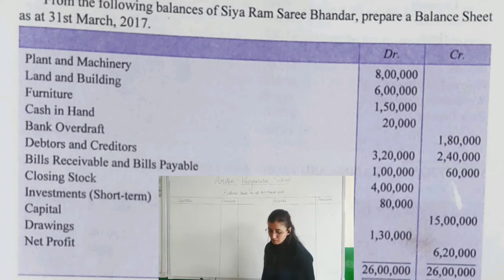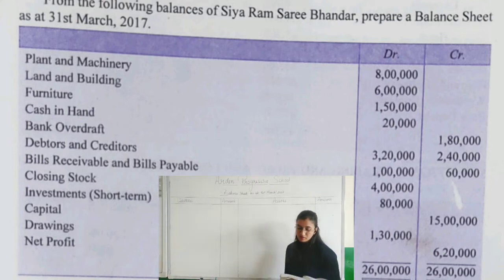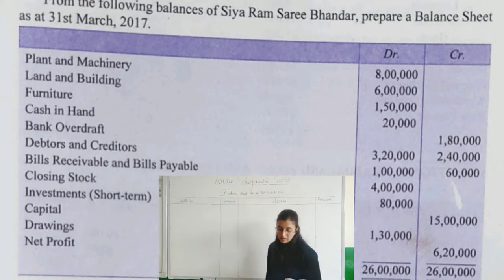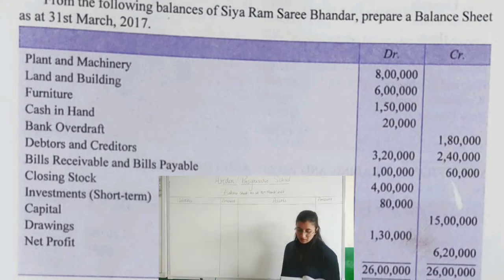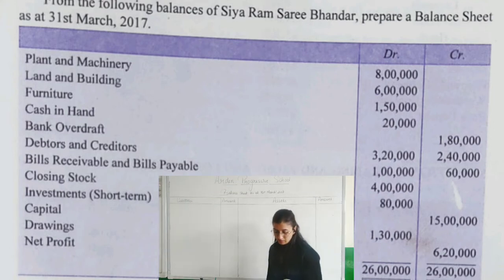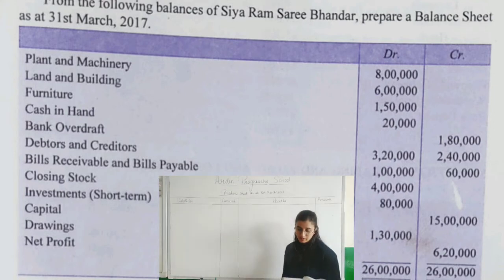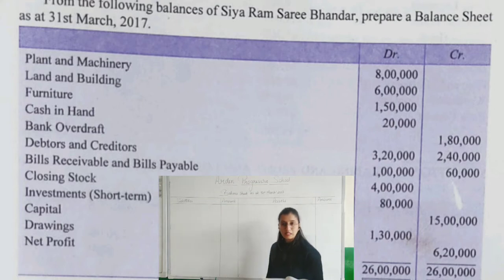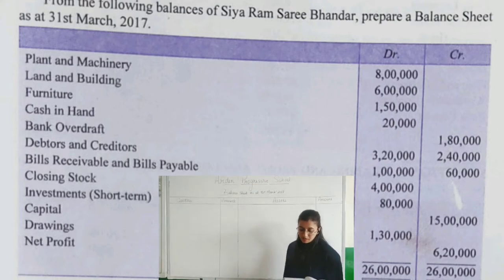Then bills receivable and bills payable. Bills receivable amounting to rupees 1 lakh. Bills payable rupees 60,000. Closing stock amounting to rupees 4 lakh. Investment, which is a short-term investment, amounting to rupees 80,000. Then capital amounting to rupees 15 lakh. Drawings 1,30,000.